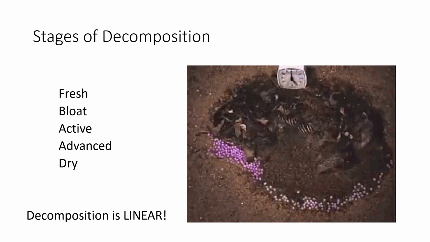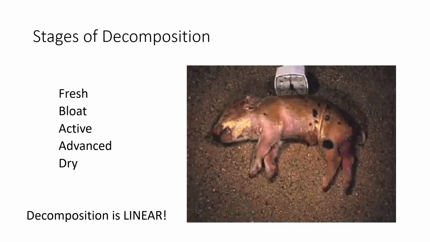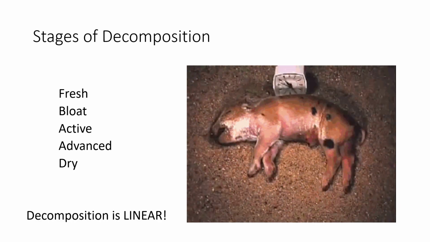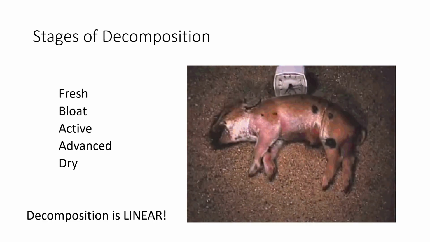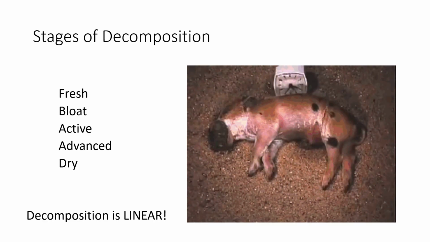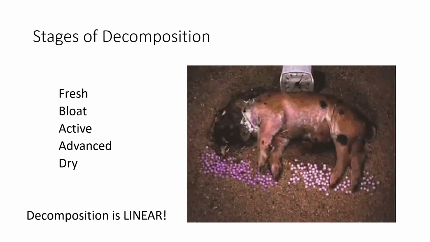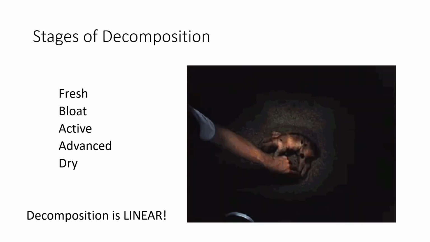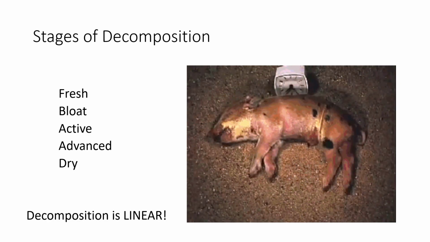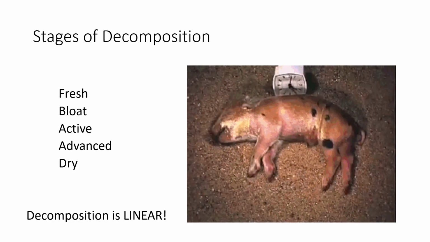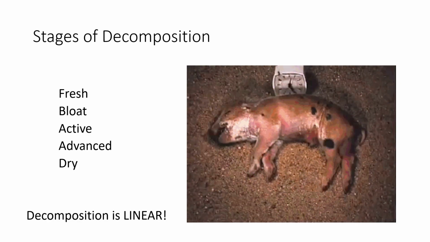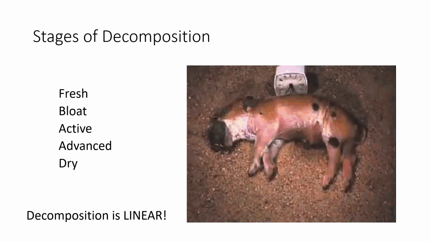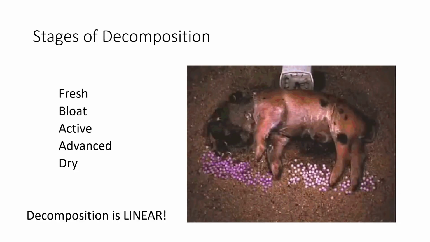So the fresh stage of decomposition is usually in those minutes to hours after the individual has died. This is when all of your cells undergo something called autolysis, and so that's programmed cell death. And also all of the bacteria in your gut are going to start to consume the tissues within you. So again, insects are attracted through chemical compounds to remains.